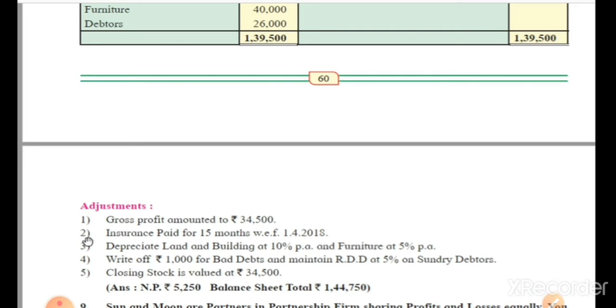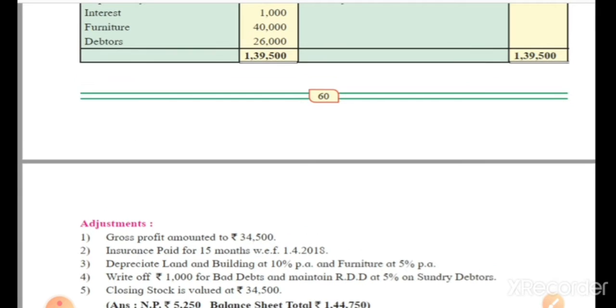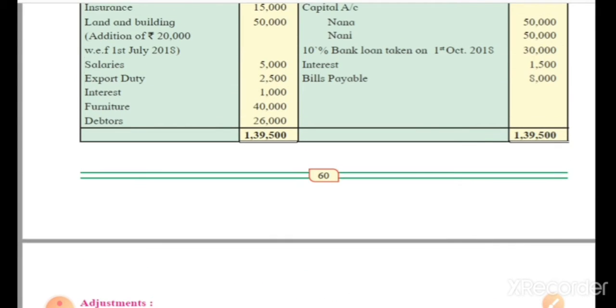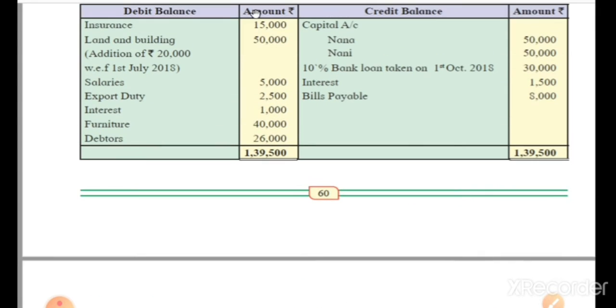Then second adjustment, that is the insurance paid for 15 months with effect from 1st April 2018. Student, here the insurance is given to you in our trial balance. So what is the insurance amount in trial balance? That is 15,000.